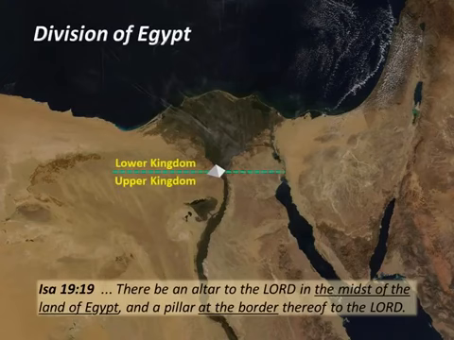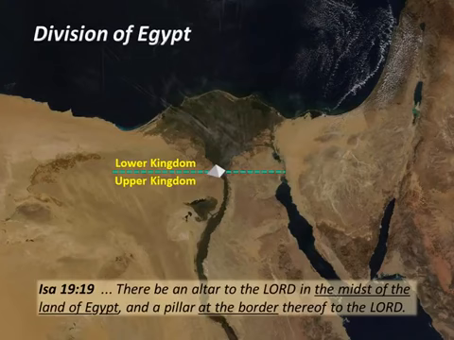And so what we see was in Egypt there was a lower kingdom, that was the Delta region, and there was an upper region, which was the head of the Nile on down to the Delta. And so that's how it can qualify. It was the border between these 2 kingdoms, and yet it was in the midst of Egypt as well.